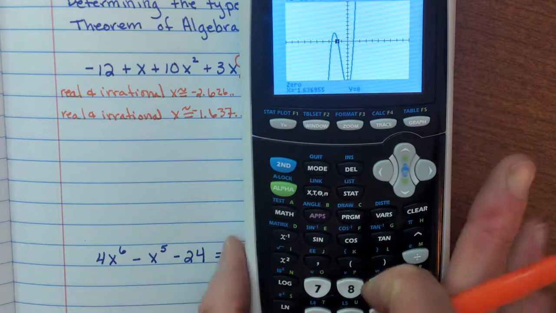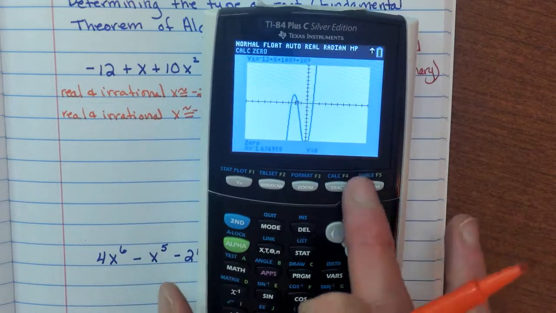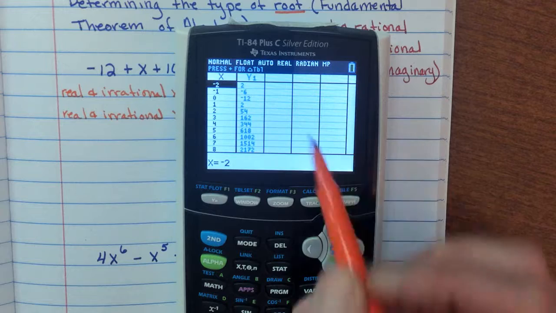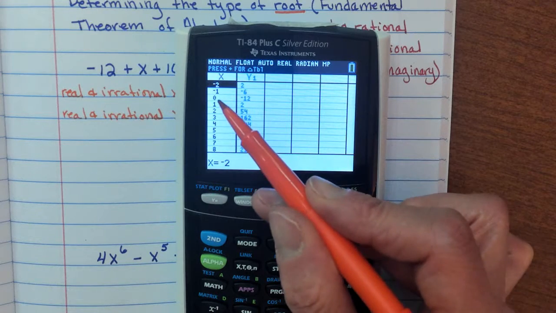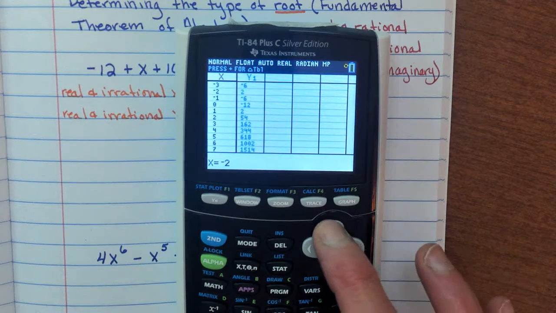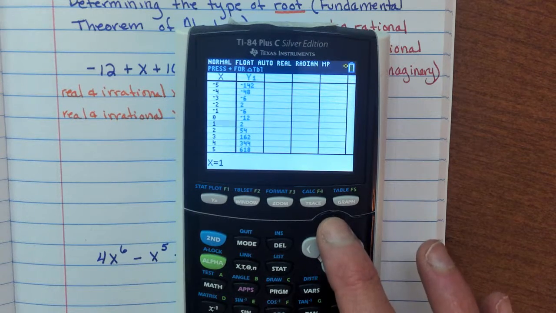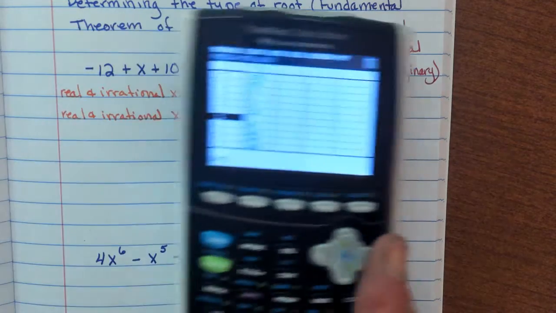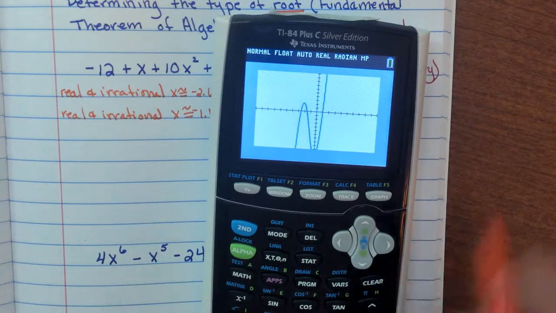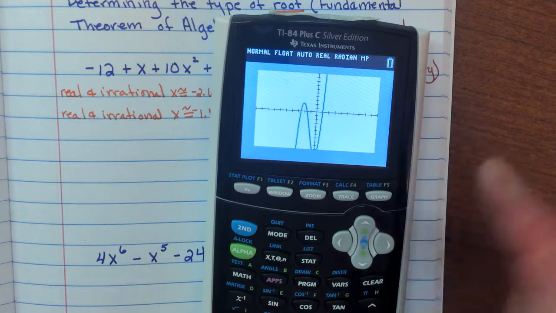I could go through this whole process again, or I could simply go to my table and look for where y is 0. This is not a 0. Look for where y is 0. Oh, so maybe not. See, when I see x is 1, I'm getting a different value. So let's check that one out.